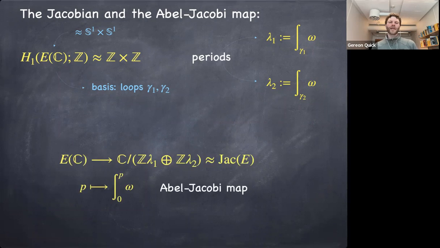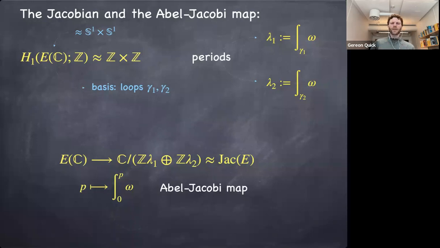Okay, and then we can observe that our map sending a point P in E of C to this integral becomes a well-defined map if we mod out by the lattice that is determined by lambda 1 and lambda 2. And this quotient, C modulo this lattice, you can also think of it as the definition of the Jacobian of our curve E. That's the first instance of a Jacobian for today.